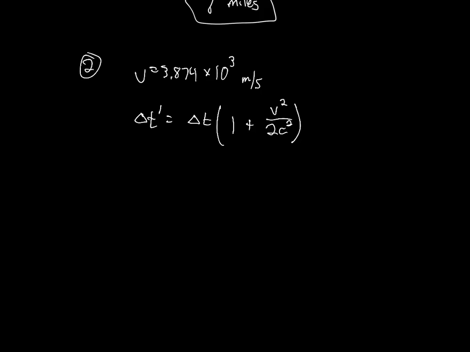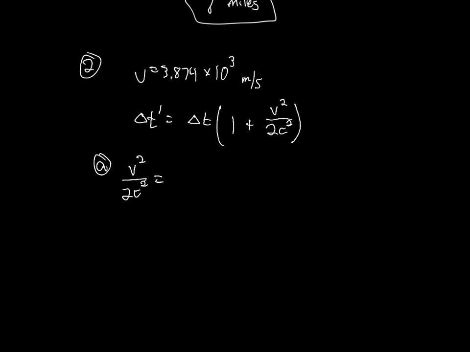If you use the time dilation equation, calculators don't really carry enough digits to round well, so you end up with the wrong answer. So this approximation will get you to the right answer actually easier. Okay? So what they ask you to do in part A is calculate what is v squared over 2c squared.